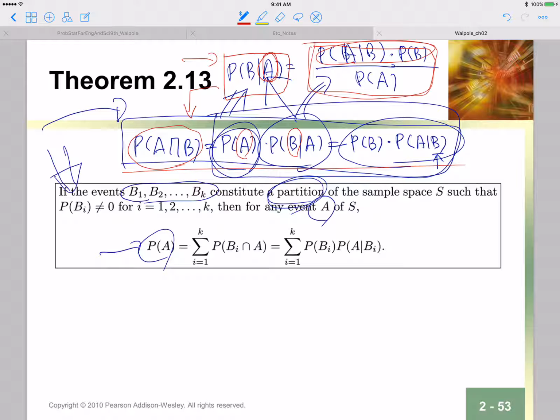On the other hand, we can think of B first, and then after B happened, we can consider the probability of A given B.